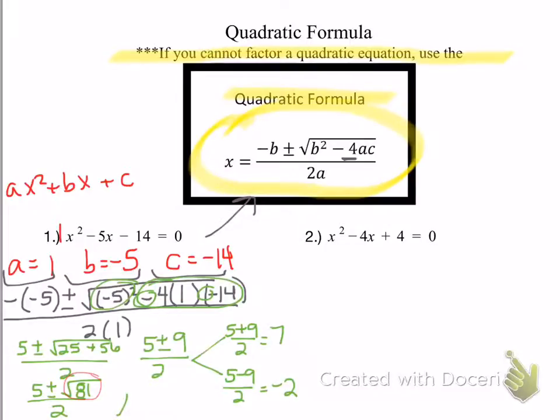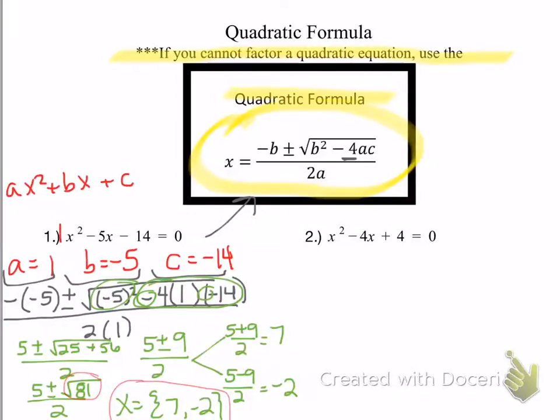So our set of solutions here is 7 and -2. That is my answer. We plug it in first, and then we do our math to figure it out. A lot of times you can plug that straight into the calculator, but I see a lot of students make mistakes on how they enter these problems, which could hurt you in the long run. Alright, we're going to do that same process for number 2.